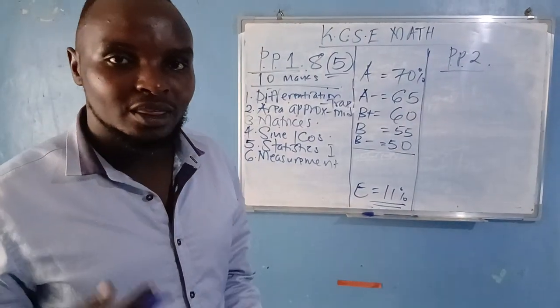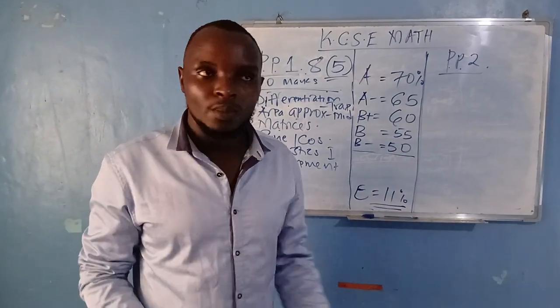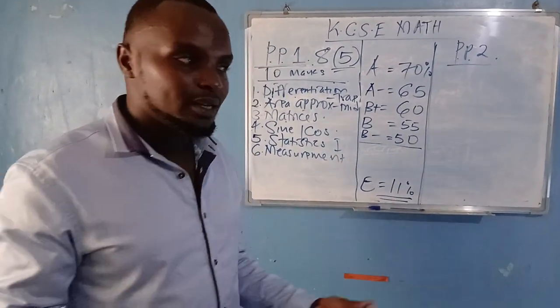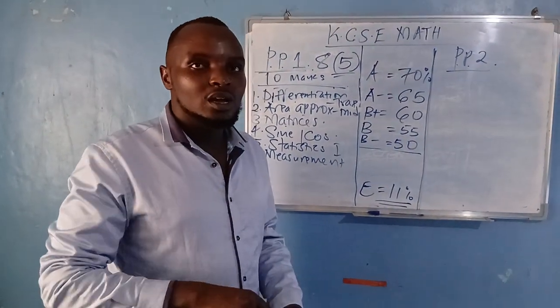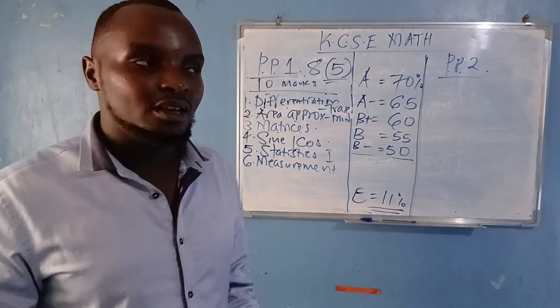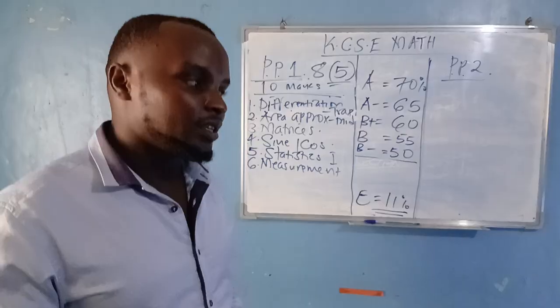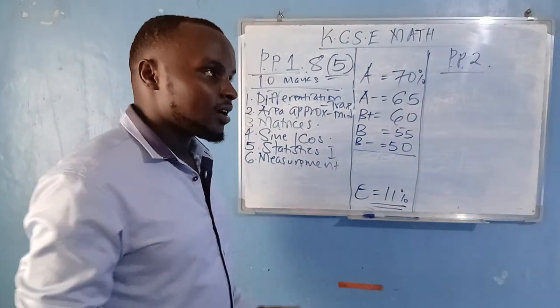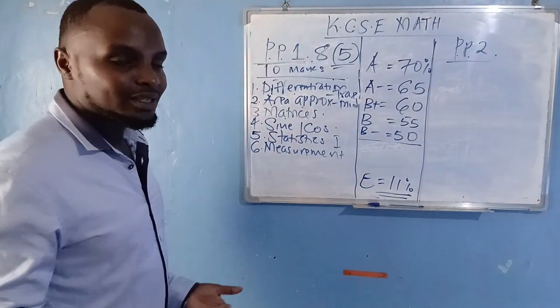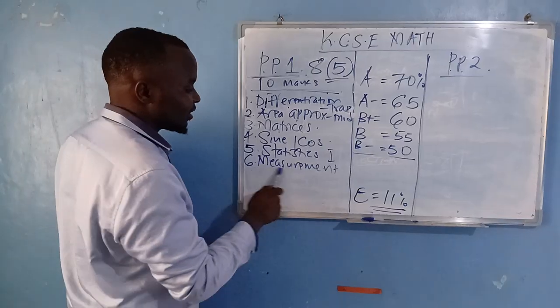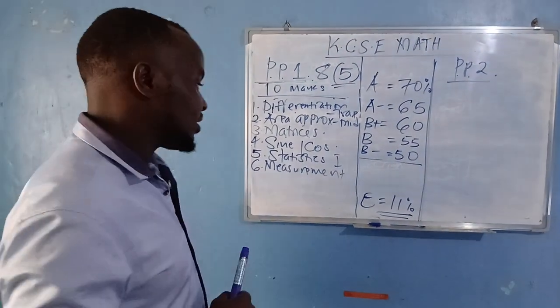Measurement involves finding the area, the volume, the capacity and density for different figures such as the cone, the pyramid, the frustum, the sphere, hemisphere, also the cylinders, among others. So this is a very wide topic. It never misses in the exam.